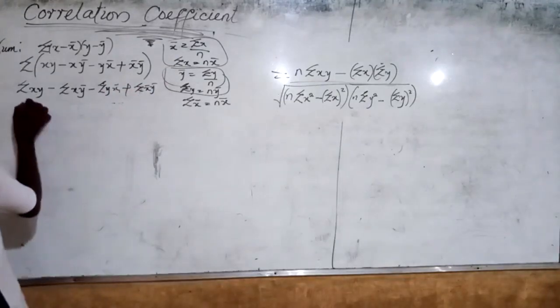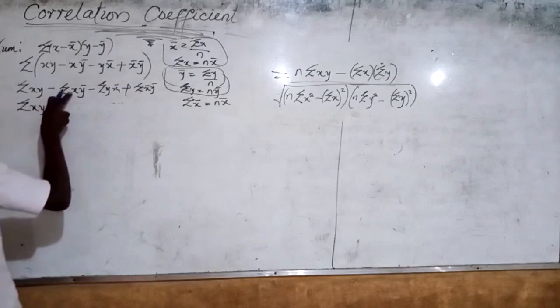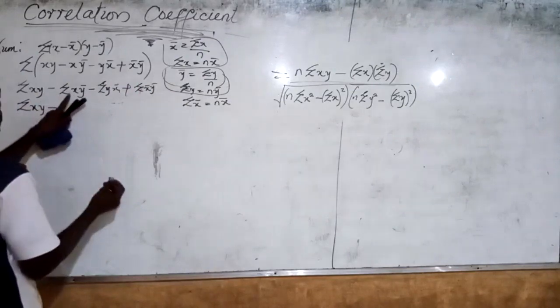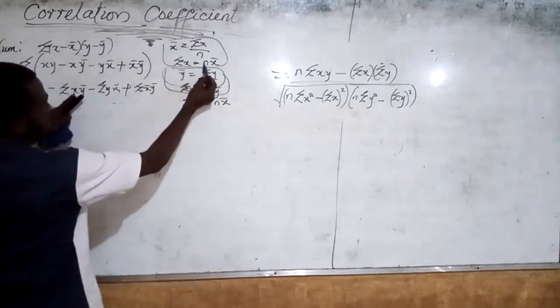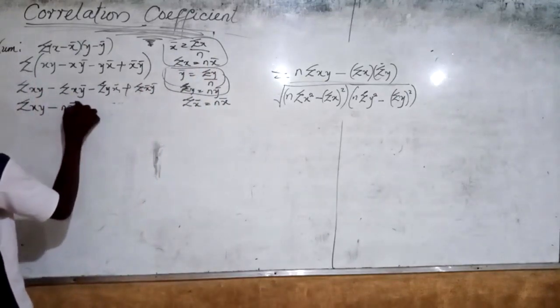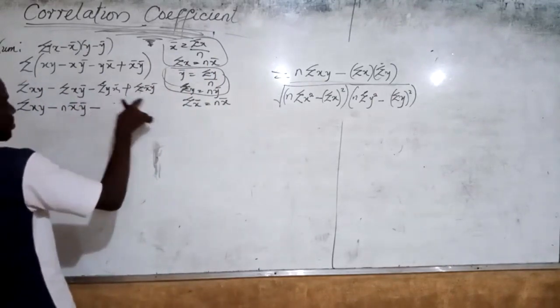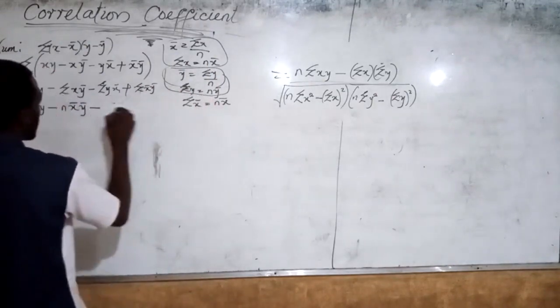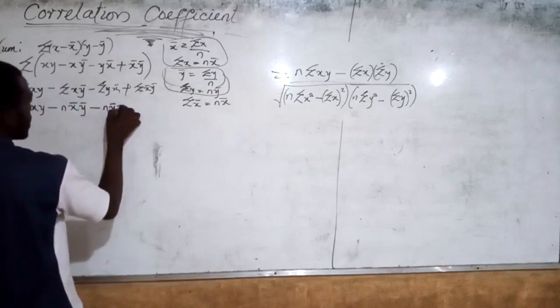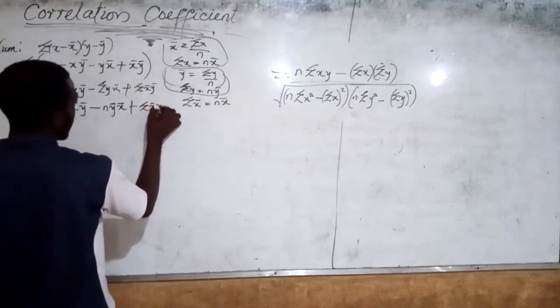So we have summation of xy minus this. Remember that summation x is n x bar, so we have n x bar times y bar, minus summation y, which on the other hand is n y bar, so that we have n y bar x bar plus summation x bar y bar.